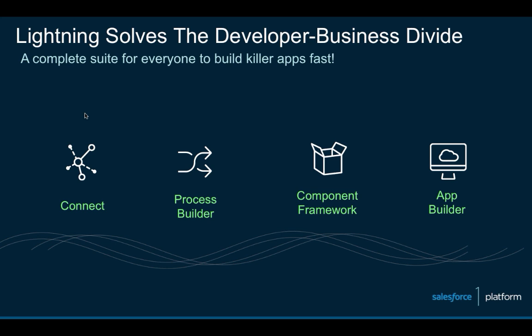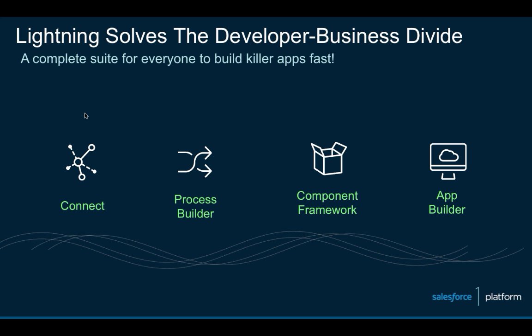We have the Lightning Component Framework. This is our full stack component technology that we've used for building Salesforce1 that we're exposing to developers to be able to use the same technology to build their apps. And then finally, we've got App Builder, which is what empowers admins to become mobile developers or even app developers as we start to move Lightning towards the desktop.